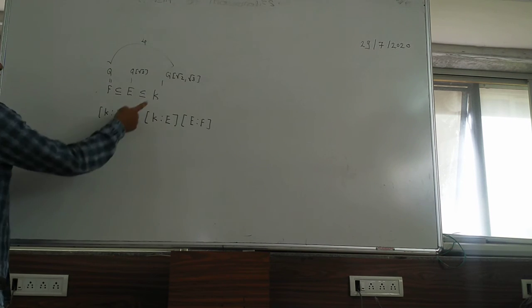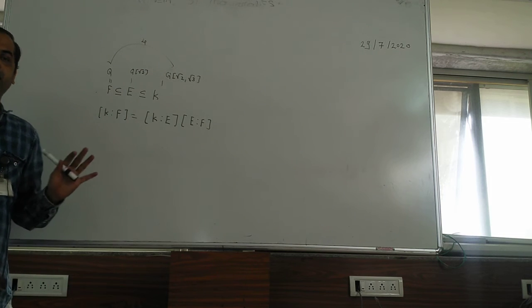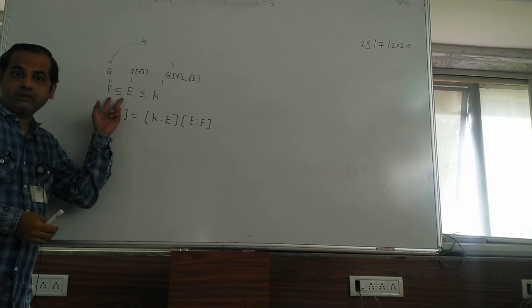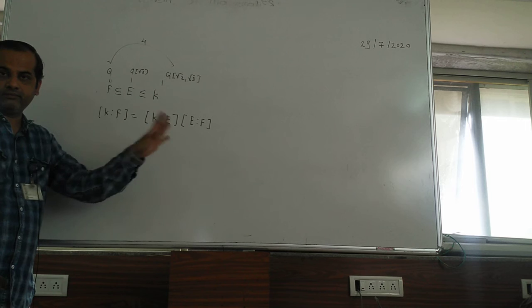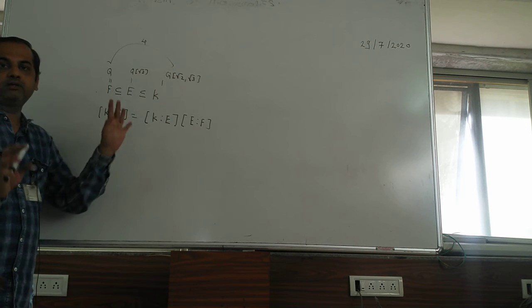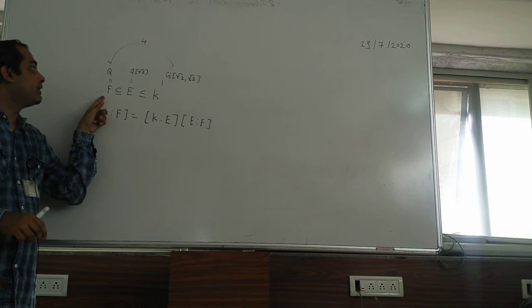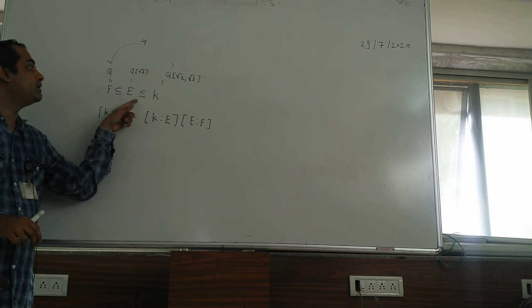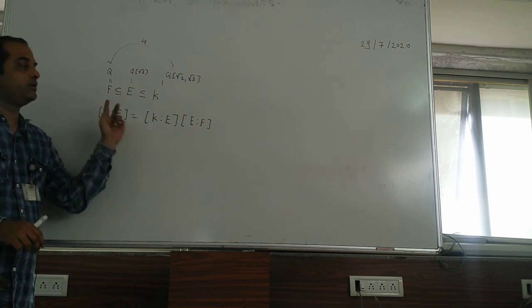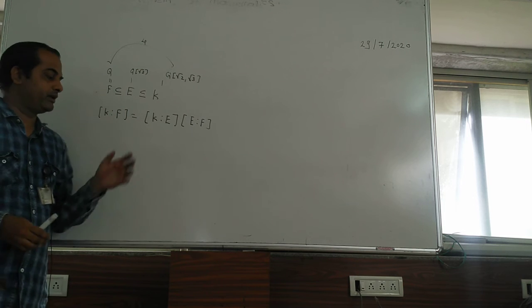Everything here is for finite extensions. So the degree of extension K over F, for finite extensions, is K over E times E over F; just take the product of the degrees of extension.